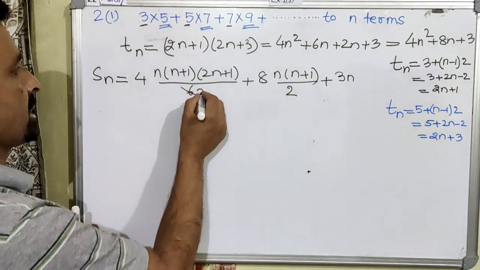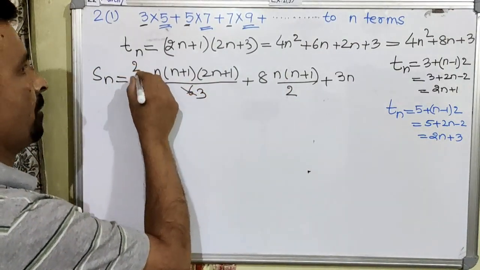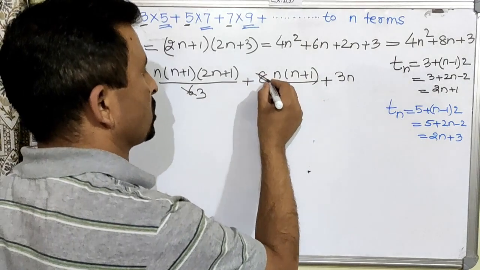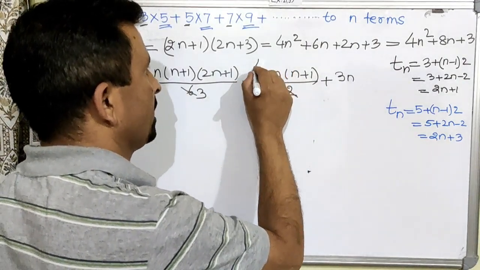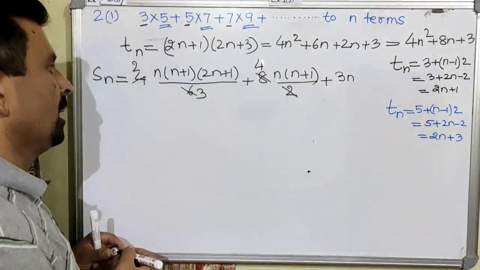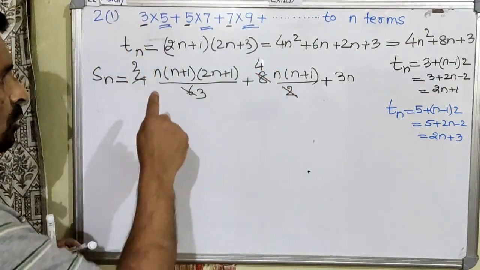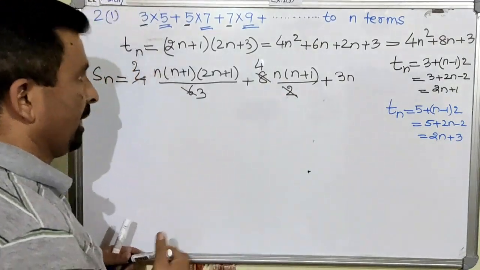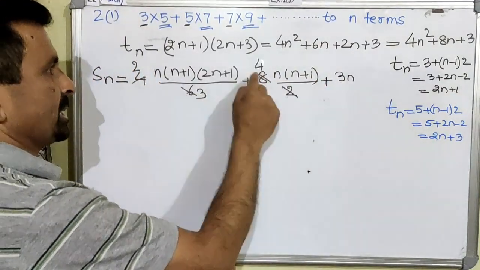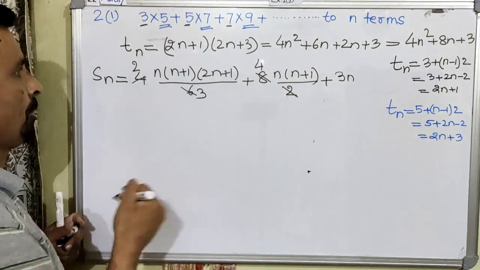Now simplify. This is 2 3s are 6 and this is 2 2s are 4. This is 2 1s are 2. This is 2 2s are 4. 2 4s are 8. Alright. Now what you can see here is in these 3 terms there is something common and that is n. At least n is present in all the 3 terms. So let us take it out.